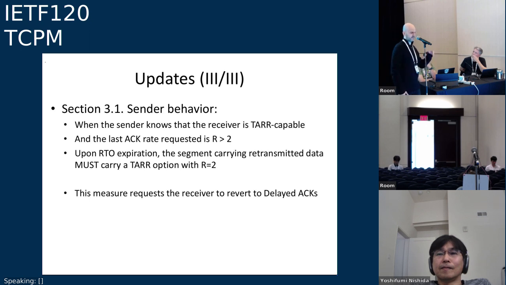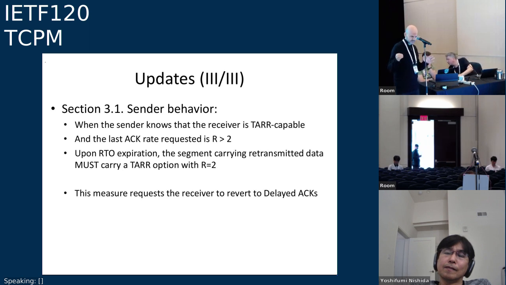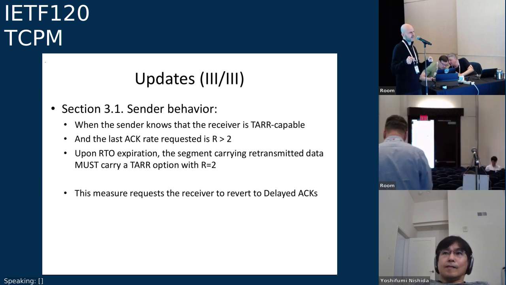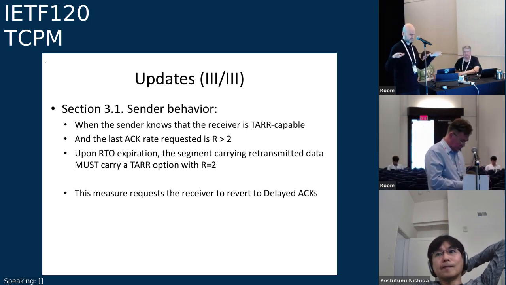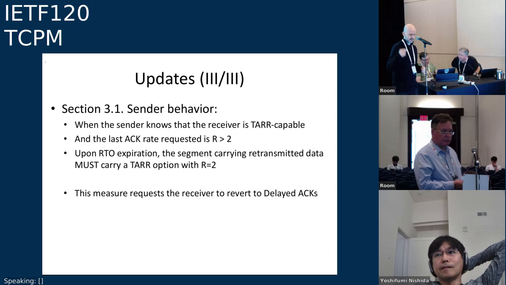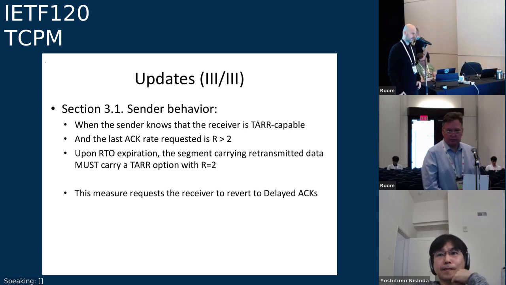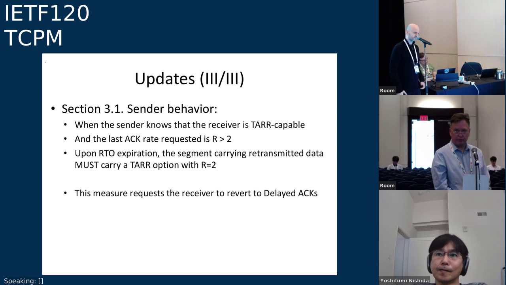Yeah, I realized, thinking again after the draft was submitted, maybe there's another way to produce the effect of reverting to TAR-less operation on the receiver. But requesting R equal to 2, in principle, should also produce the same effect, because in the draft we are also saying that the receiver, as in the normal base TCP specification, must not delay an ACK for more than 0.5 seconds.